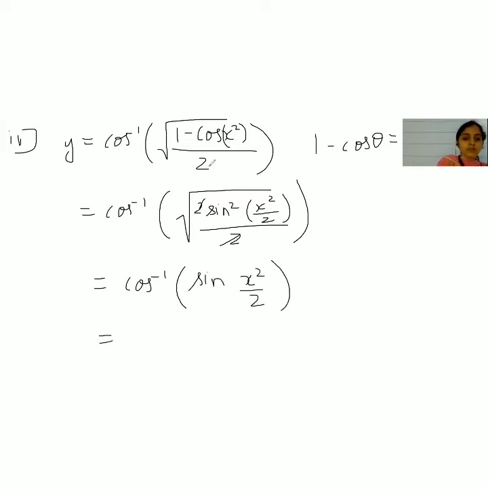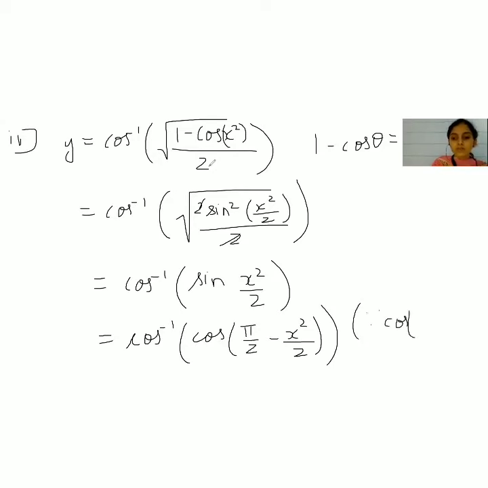Now complementary functions have to be used here. So sine theta can be written as cos of pi by 2 minus x square by 2, since cos of pi by 2 minus theta is equal to sine theta.